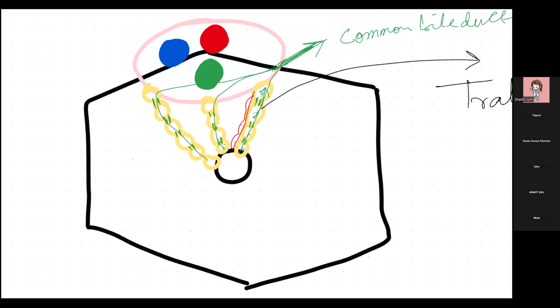Who made these capillaries? The hepatic artery has made these capillaries. Now in between the capillaries, these are the endothelial cells. I hope that this much is clear.